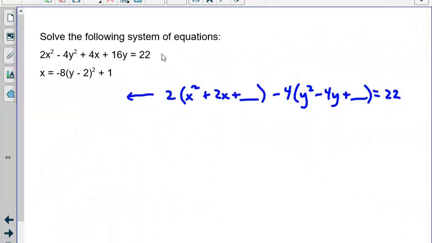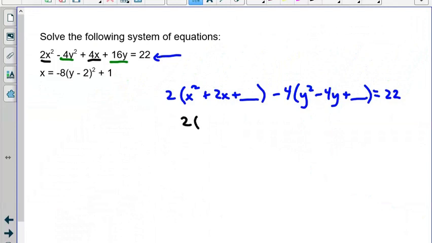That really was not that nice. I don't know why it broke into all these parts, but such is life. So when we do the completing the square part, and hopefully everybody knows where everything came from, I just factored a 2 out of the first 2 terms of the x, and then I factored a negative 4 out of the first 2 terms of the y, and then we're going to figure out what the other term is.